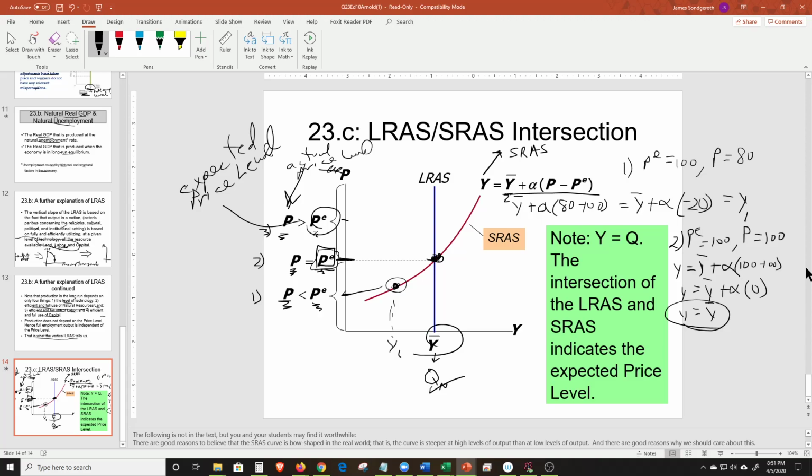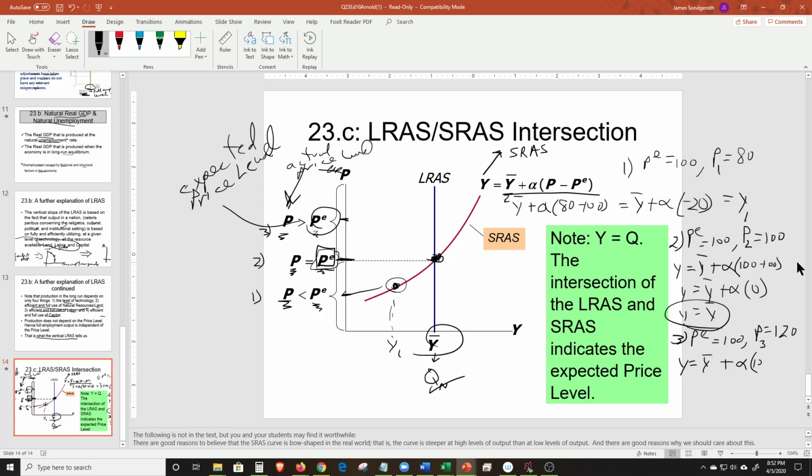That's it. So now we're at case 3, and if the expected price level remains at 100, but now the actual price level, maybe you should say this is 3, 2, 1, then actual GDP level will equal y hat, the full employment output, plus alpha times, P3 is going to be the actual 120.